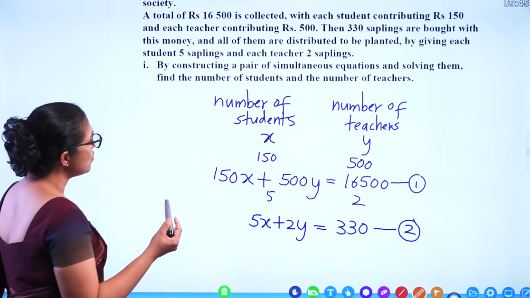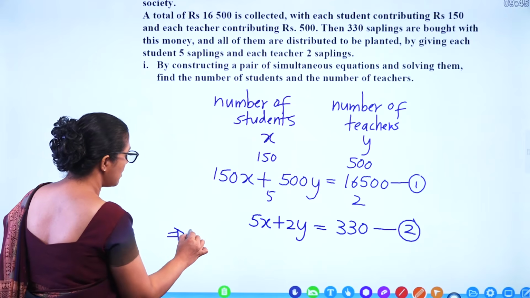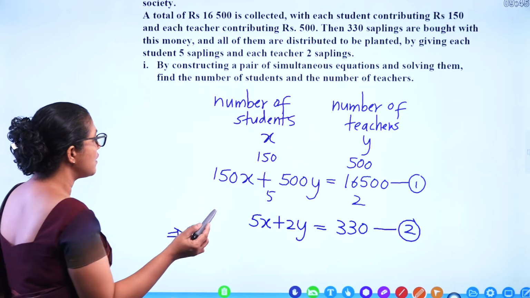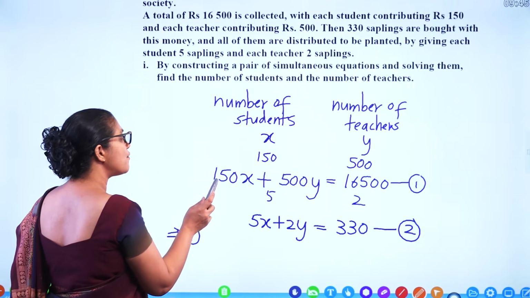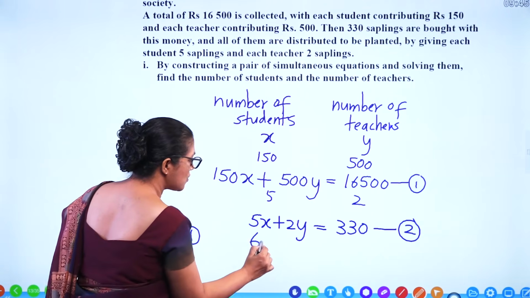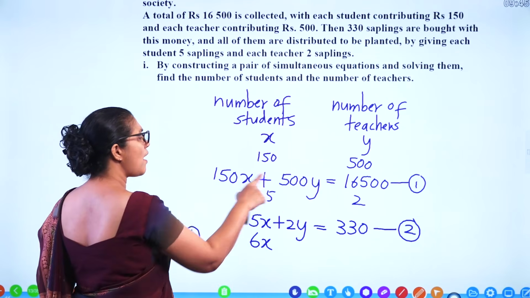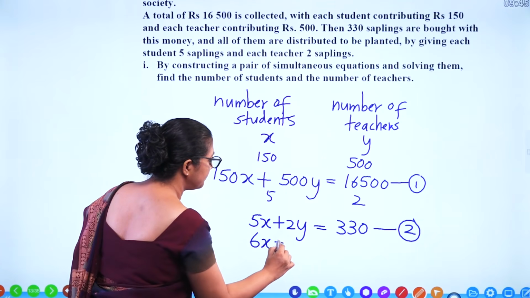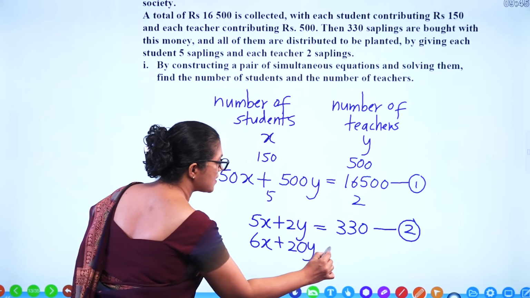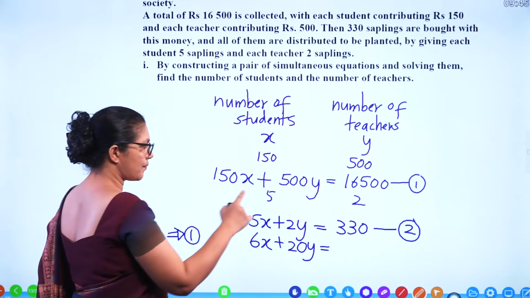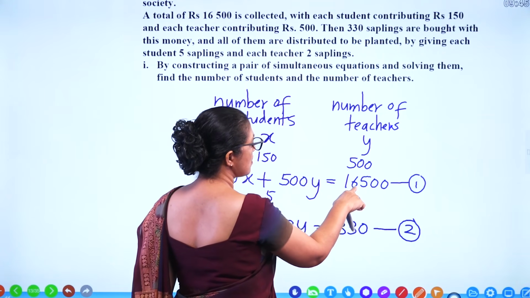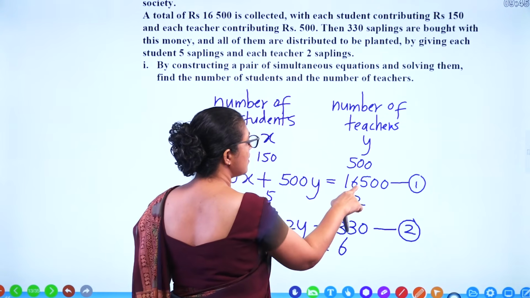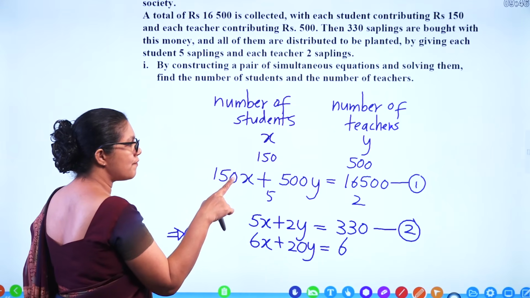So the first thing we can do is take the first equation and divide everything by 25. How many 25s in 150? 4, 5, 6. So that's 6x. Divide by 25, you get 20y. And 16,500 divided by 25 gives 660.